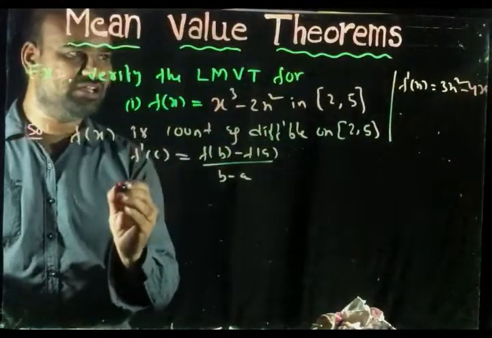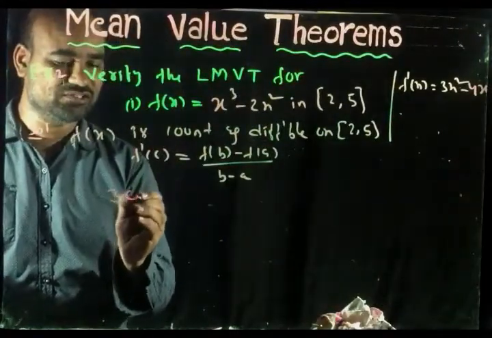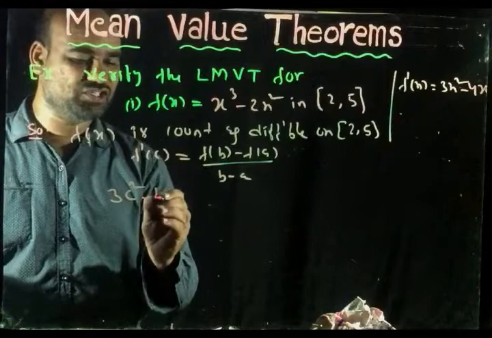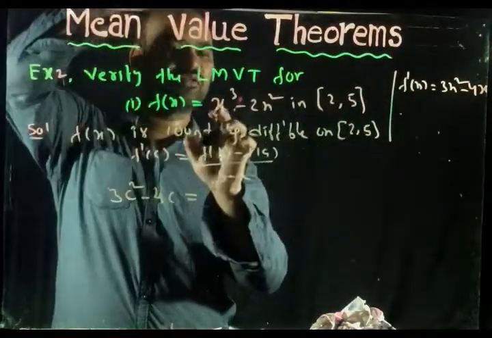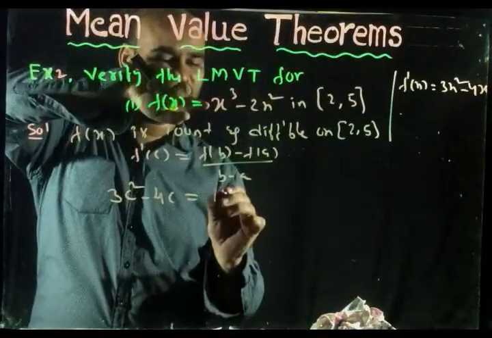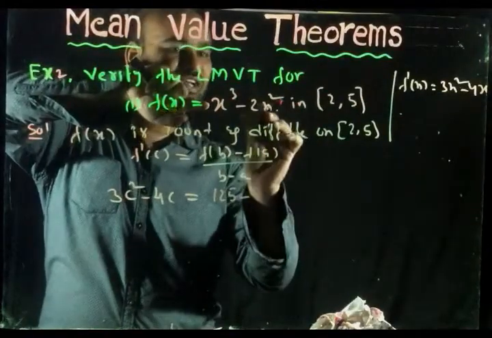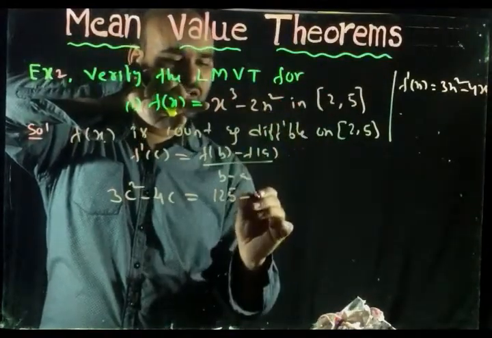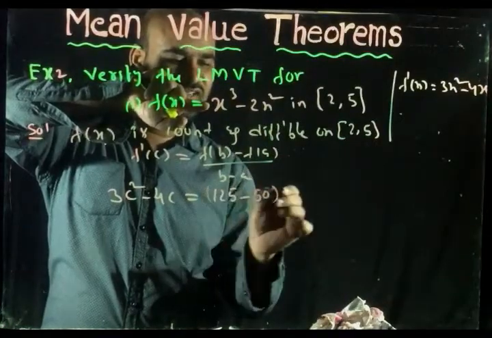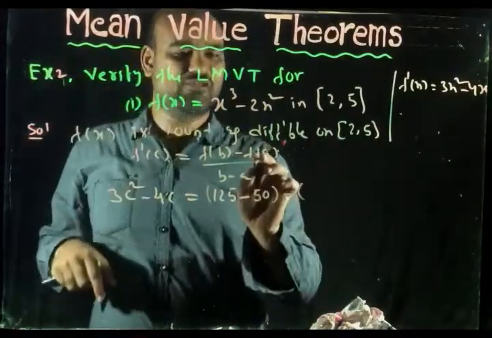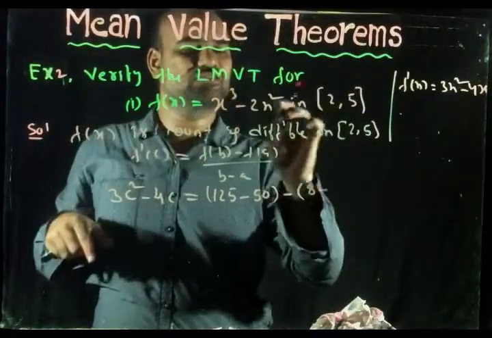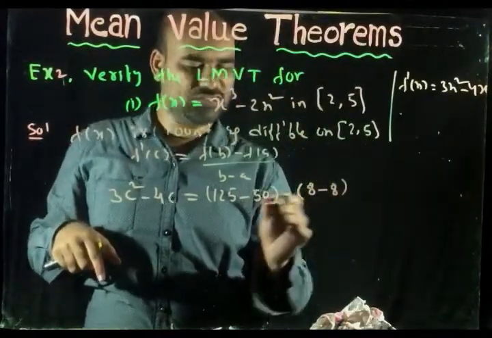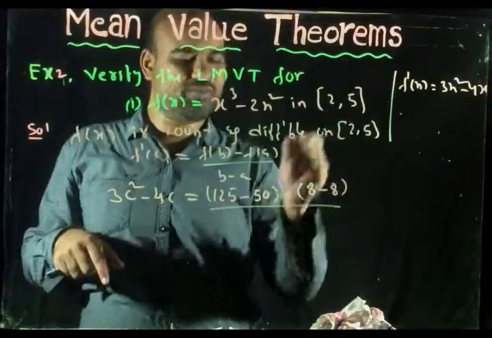Now what I can say here: 3c square minus 4c equal to f of b, b means 5 here, 5 cube 125 minus 5 square 25, that is 100, minus f of a, substitute 2: 8 minus 4 into 2, by 5 minus 2.